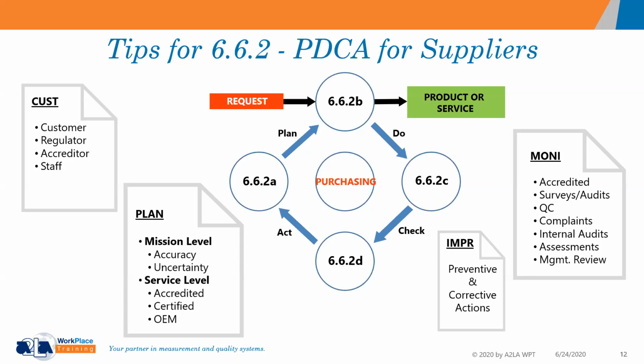So you would have to do that kind of investigation, determine where the issue lies and where you would have to fix it. And so it's kind of a loop where you're going through the process. As you're reevaluating and monitoring, there's going to be issues that arise, and maybe you're going to have to revisit your plan, or take a look at the do clause, whatever the case may be. So it's this cycle that you go through, and it's like this continuous improvement ideology that the standard likes to preach throughout.